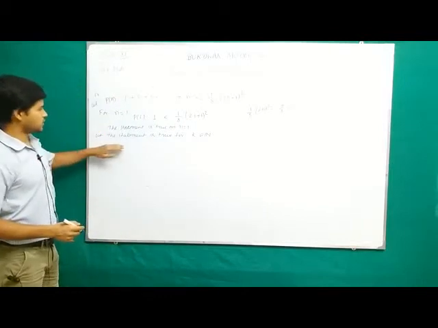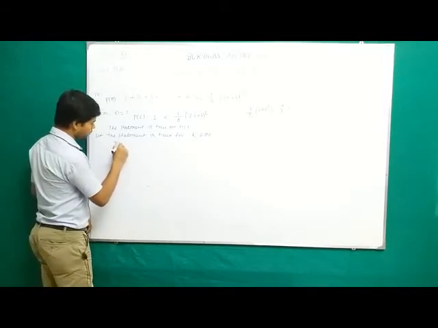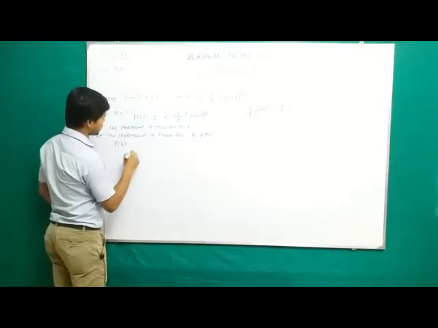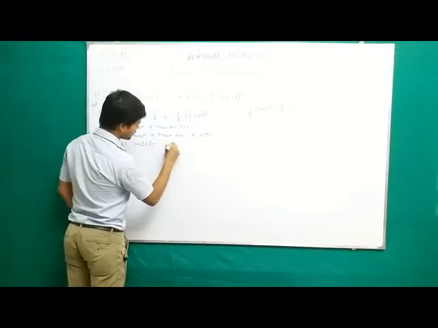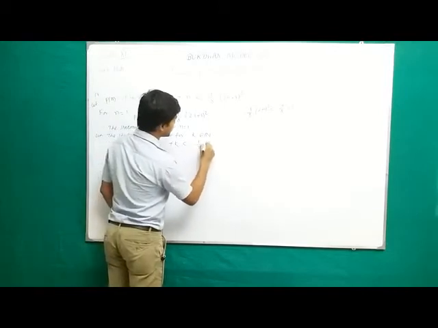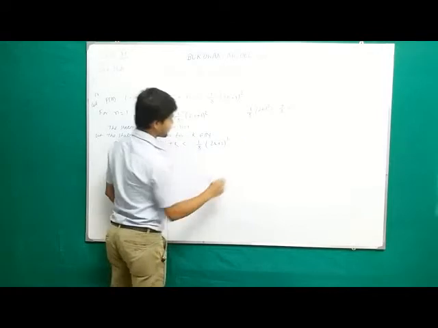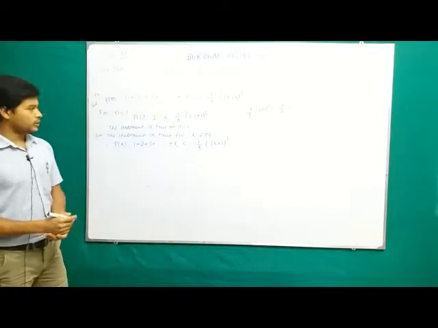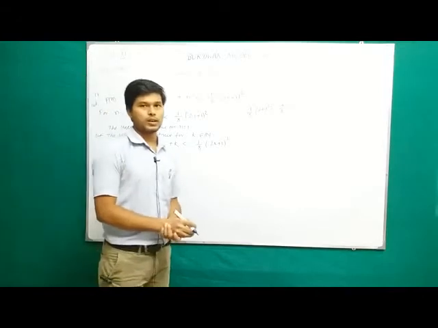So since the statement is true for n equal to k, that means p of k can be written in the form 1 plus 2 plus 3 plus dot dot plus k, which will be less than 1 by 8 of (2k plus 1) whole square. We shall now prove that the statement is also true for n equal to k plus 1.